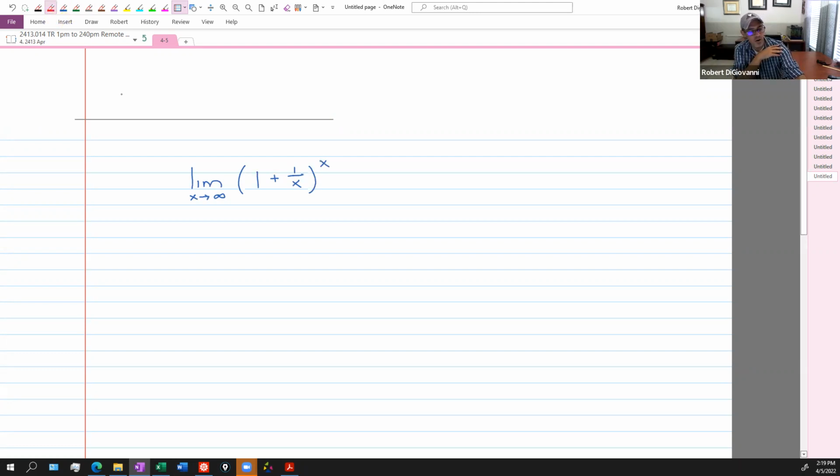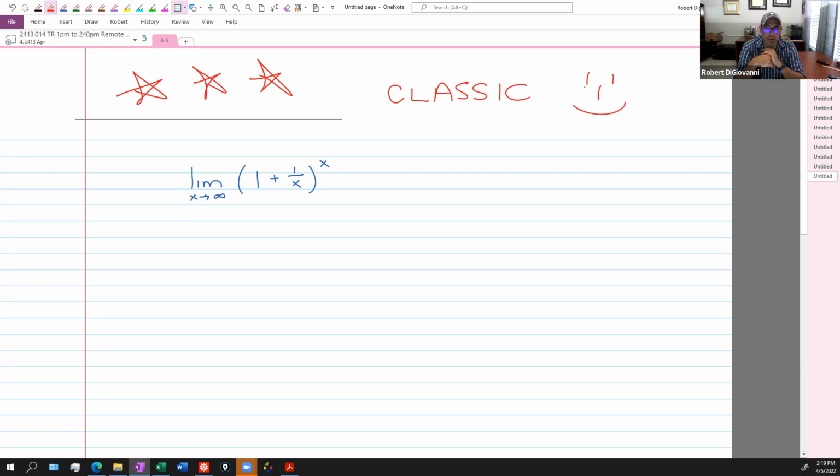I'd like to put a star on this one, maybe a couple, not because this is necessarily something I would give you on a test, although I could, especially if I've done it in my notes. But this is a classic problem, right? It's like everyone needs to see this. Every Cal 1 student needs to see this.